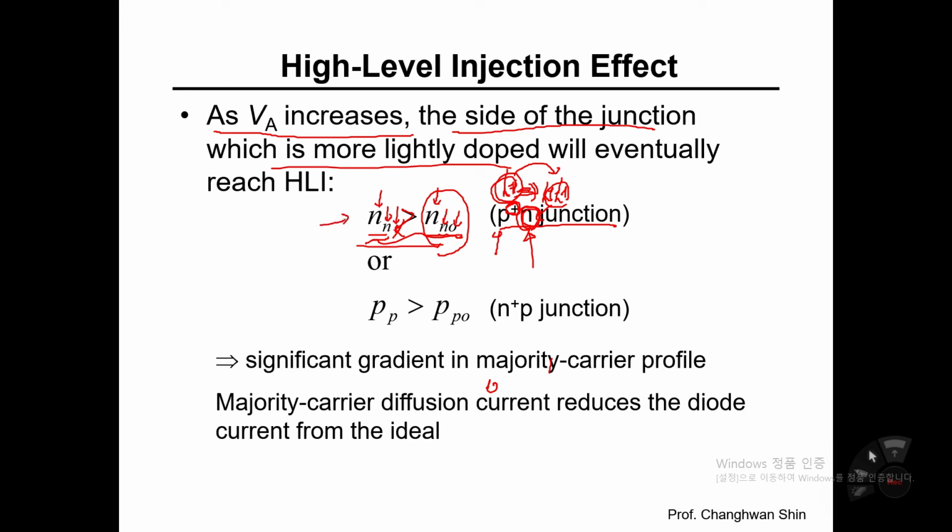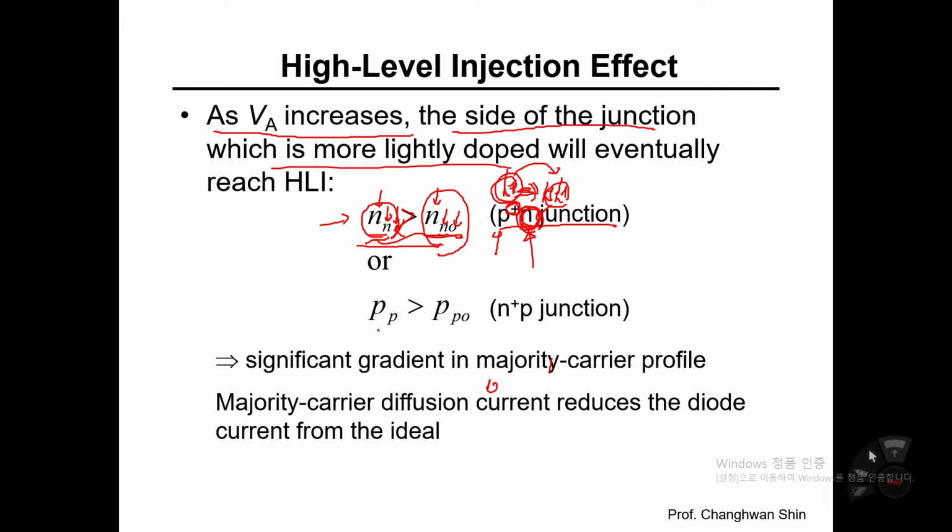But now, with high level injection, the majority carrier concentration would also be affected significantly. That's the reason why, for example, in a P plus N junction, the lightly doped side is more vulnerable to the high injected carriers.